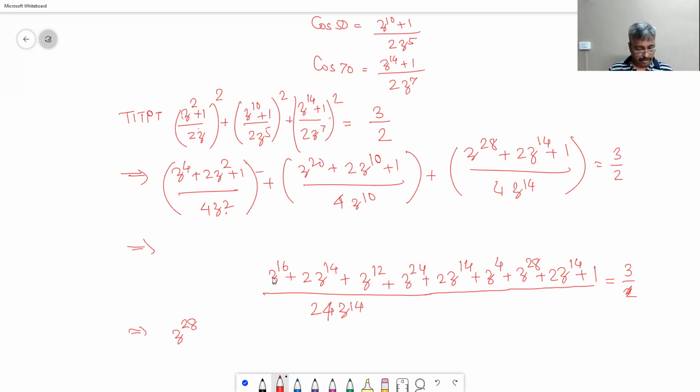Then we have z raised to 24, sorry, 24, plus z raised to 24 plus z raised to 16 plus, what happens to z raised to 14? 2 plus 2 plus 2 minus 6 gone, plus z raised to 12 plus z raised to 4 plus 1 is equal to 0.